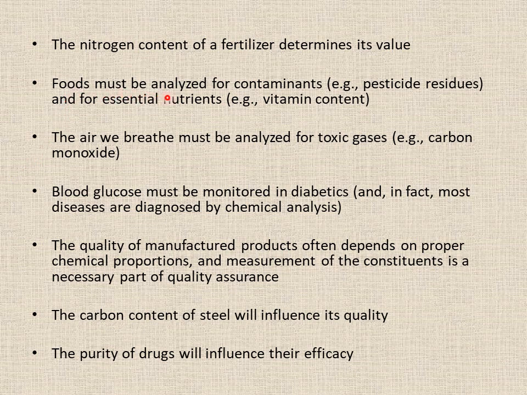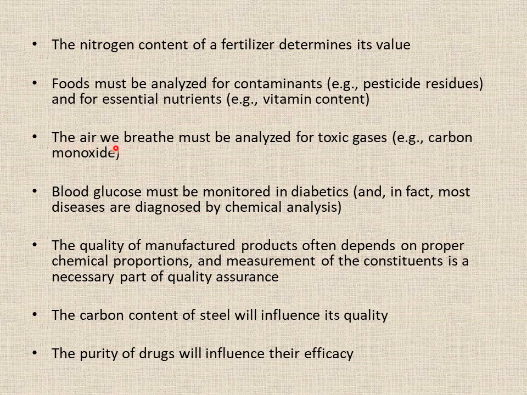Foods must be analyzed for contaminants, like there could be pesticide residue, so we can analyze how much pesticide residue is inside the food, whether it is up to a toxic level or below that. And for essential nutrients, we may also analyze foods to test their essential nutrients like vitamin contents and other things.